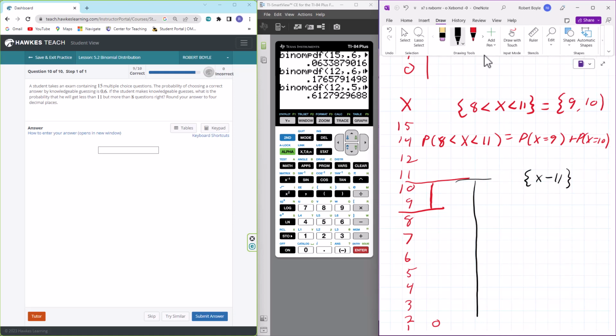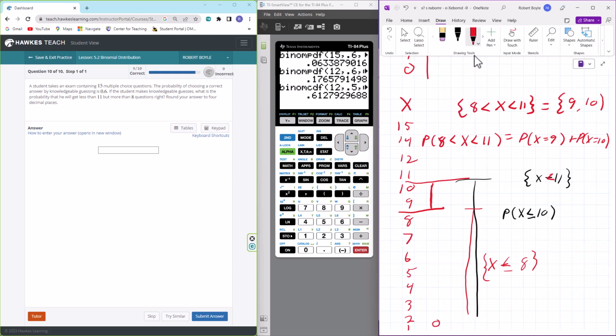Okay, and if we compute the probability of X being less than 11, which is the same as the probability of X being less than or equal to 10, we will get the probability of all these values. This right here is the event X being less than or equal to 8. Sorry, this should be less than 11.